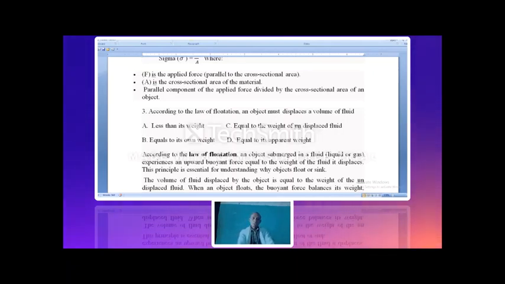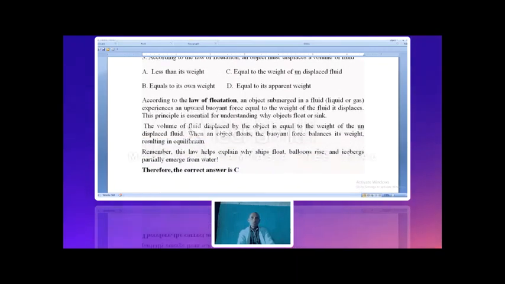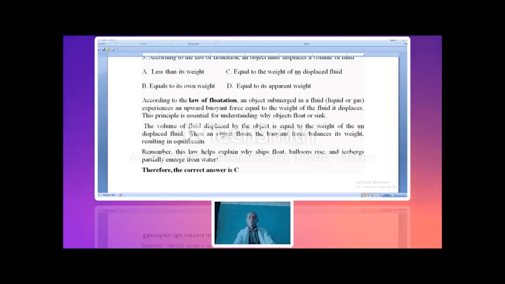According to the law of flotation, an object submerged in a fluid, liquid or gas, experiences an upward buoyant force equal to the weight of the fluid it displaces. This principle is essential for understanding why objects float or sink.